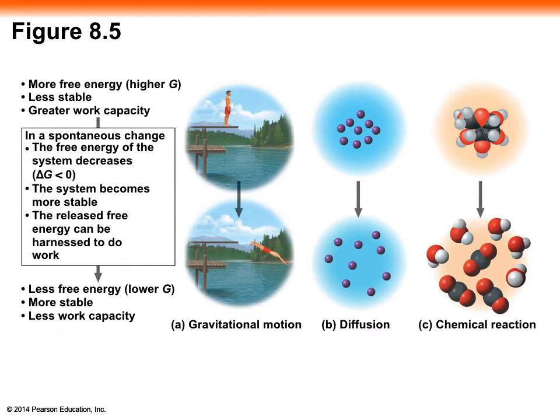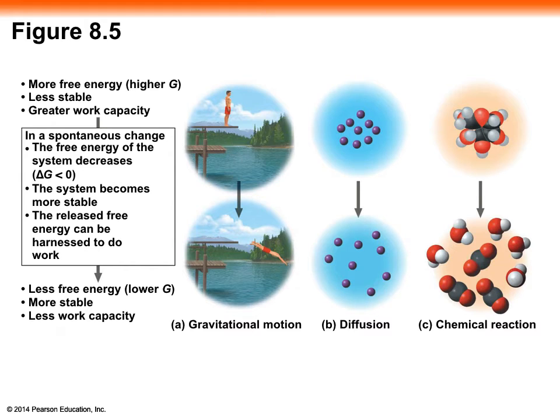Now, how about the person having to climb up the ladder all the way up to the top of the diving board? That person would be a positive delta G, increasing in free energy. Also, that would be putting energy in, which means that would be non-spontaneous.